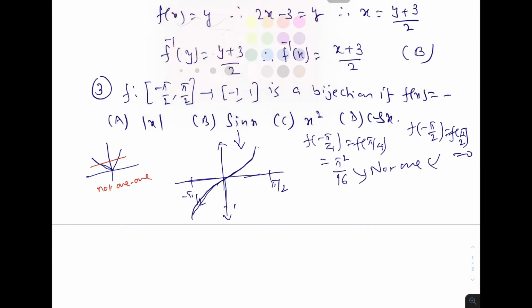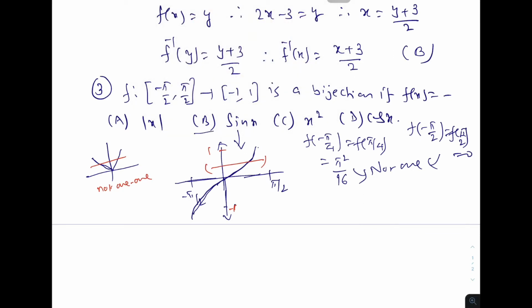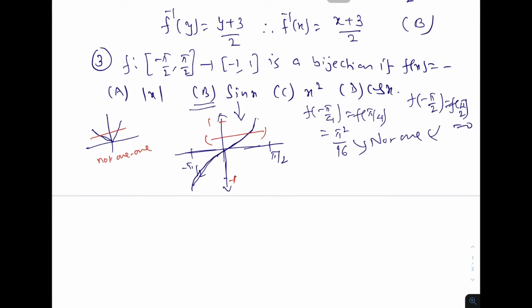Here we can easily see that if you draw any horizontal line, it cuts at only one point, and the range covers all the points between minus 1 and 1. So it is one-one as well as onto. So the sine function is one-one and onto, or you can say bijection. So the answer is sin x.